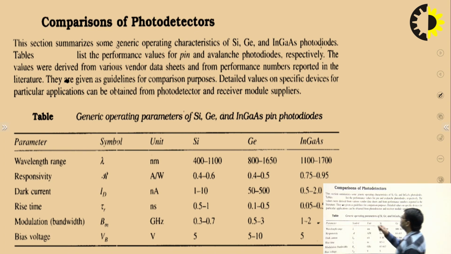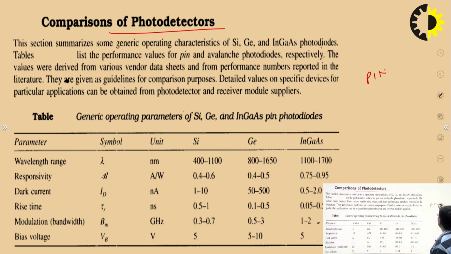So, next topic is comparison of photodetectors. Basically, we have seen that the photodetector can be either PIN or APD. Now, these two types of photodiodes, for example PIN, can be made using various materials.